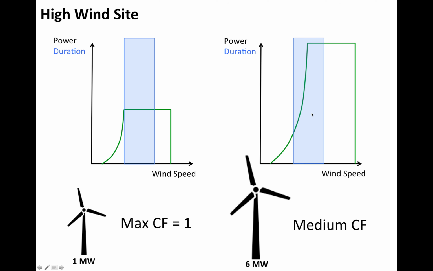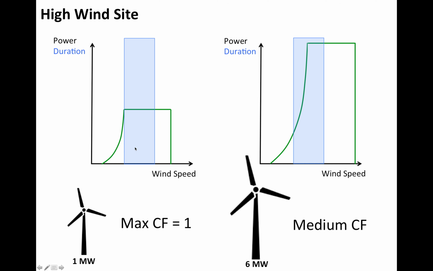But for the large wind turbine, it's not really running at its full capacity rated power all the time, right? But once it actually reaches its rated power, it can generate 6 megawatts. For the small wind turbine, even if it reaches its rated power, it can only generate 1 megawatt.